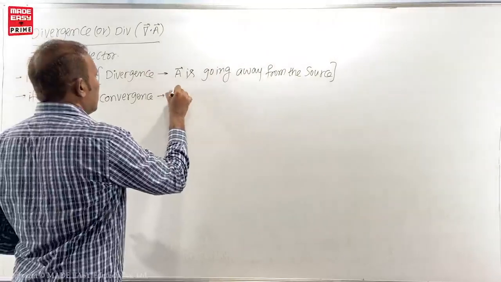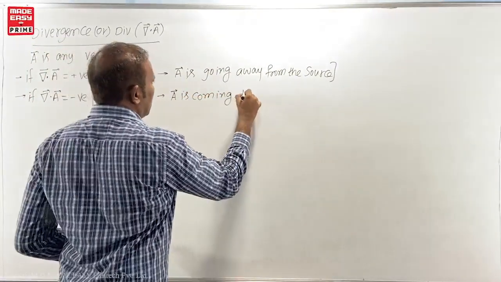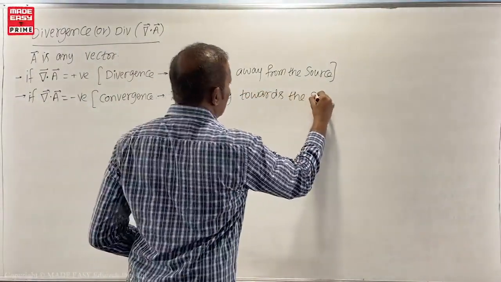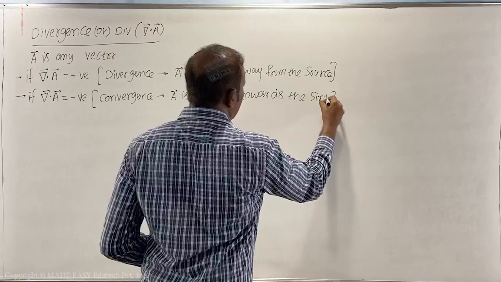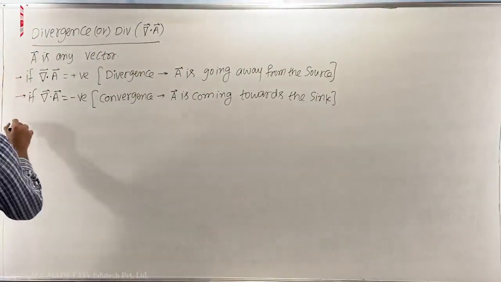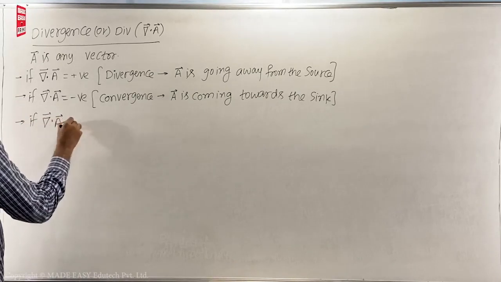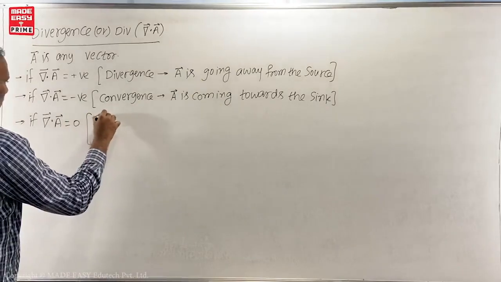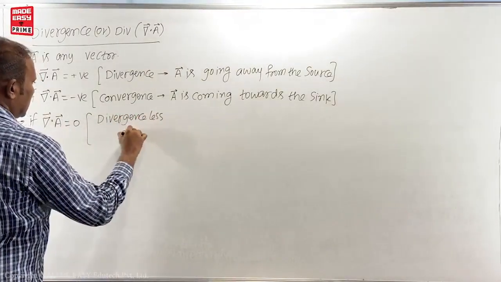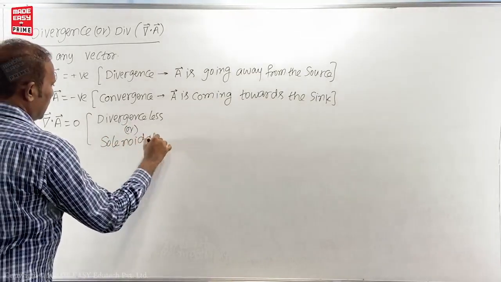So a bar is coming towards the sink. Sink means opposite of source. In any question, if divergence of a bar is equal to 0, then it is called divergence less, or it is also called solenoidal.